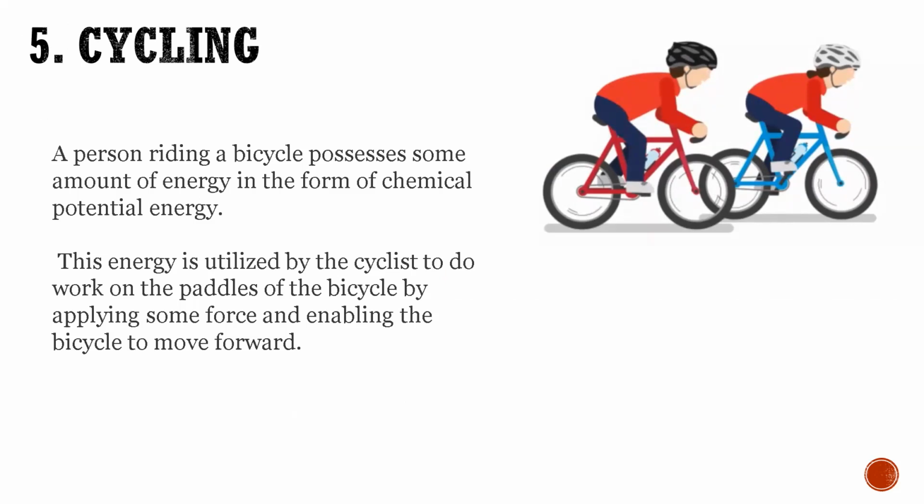When a person is riding a bicycle, the person has some potential energy. When they start moving by working on the pedals, they make a motion, so they gain kinetic energy. Both the chemical potential energy and the kinetic energy make a mechanical energy that is applied as work, a force to move the bicycle forward.